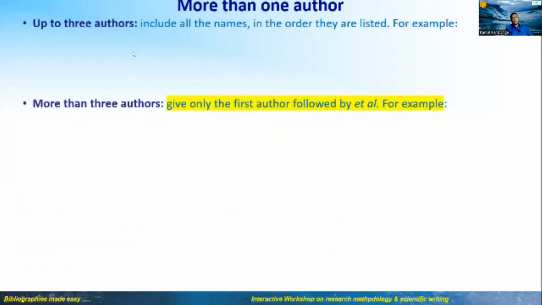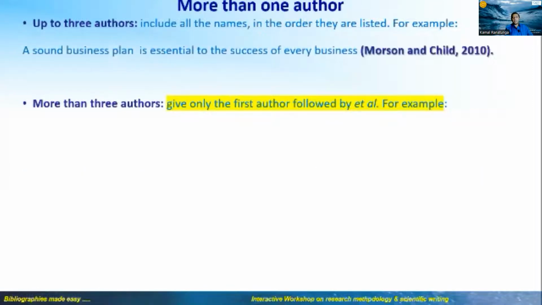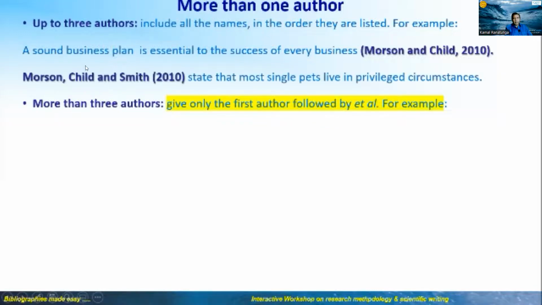Now the difference, if there is more than one author, or more than 3 authors. In many cases, for example in the APA style, when there are 2 authors, definitely you use the first author's last name and the second author's last name, and follow this format, right? When there are 3 authors, still follow the same, right?